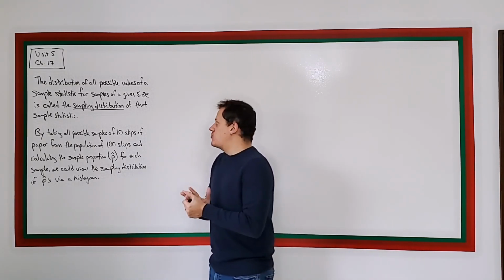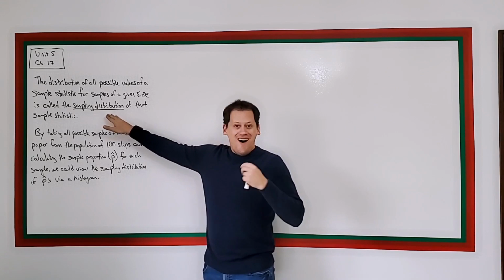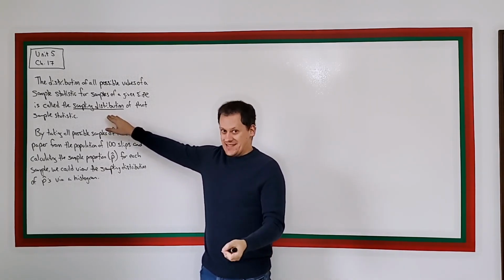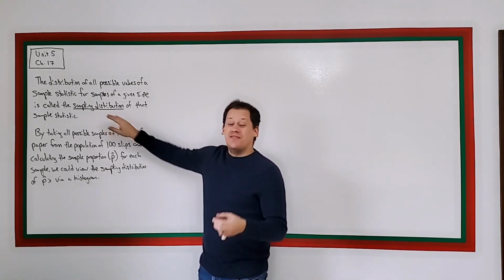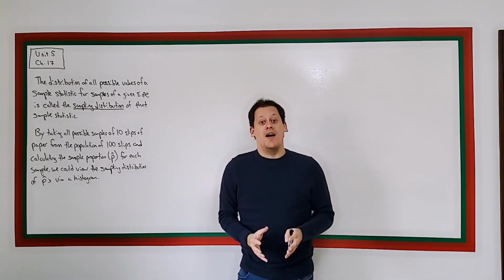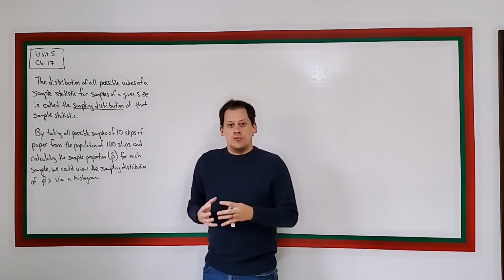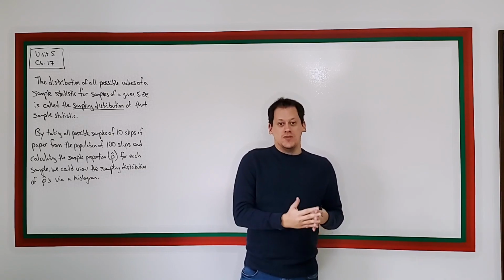So a sampling distribution is a distribution of sample statistics, not a distribution of individuals, which is what we've been talking about in the past, but a distribution of sample statistics.